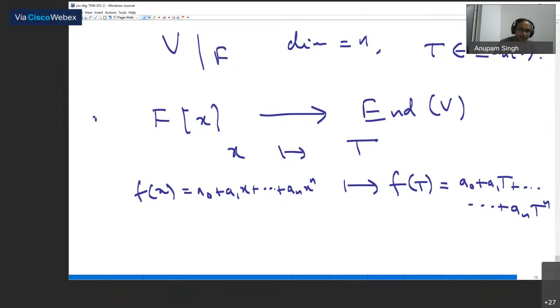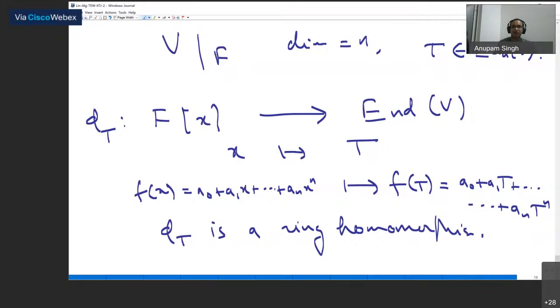So this is how I define it. Let's give it a name. Let's call it phi T. So you can see that phi T is a ring homomorphism, right? Because if I have two polynomials, f(x) plus g(x), you can see that this side it will be additive.